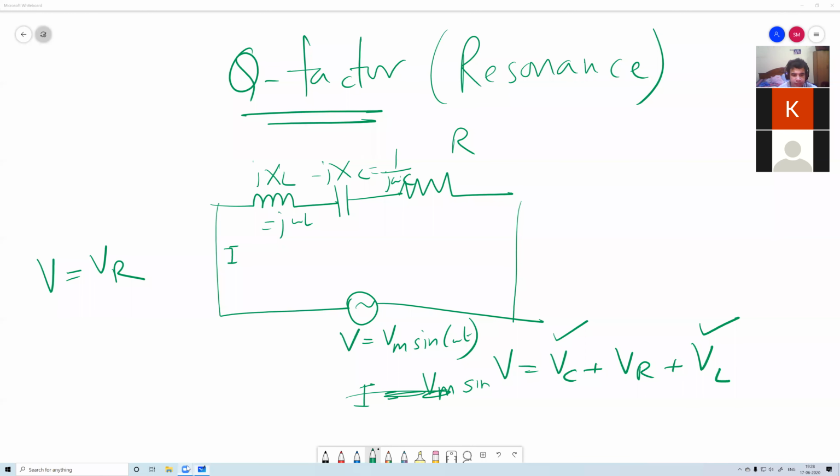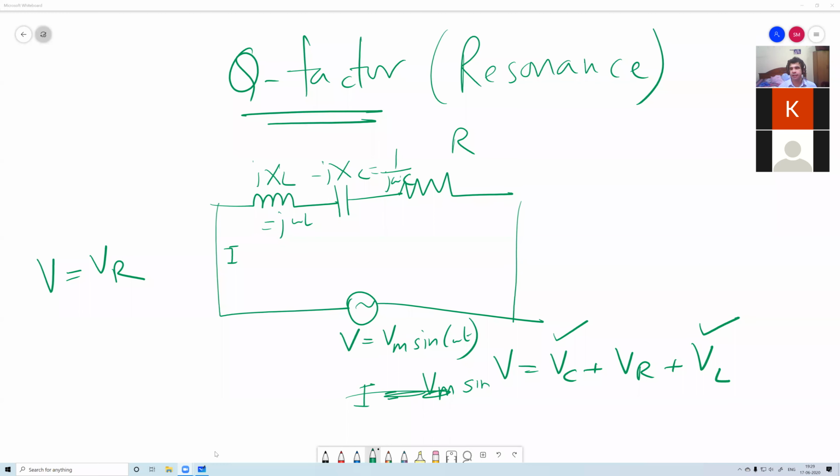Okay, so this much we had seen. At resonance, the voltage from the source is the same as the voltage at the resistor, because the voltages at the inductor and capacitor are not zero, by the way, but they cancel each other.